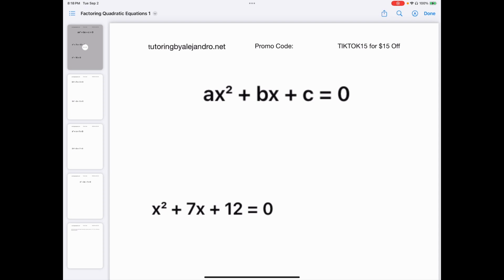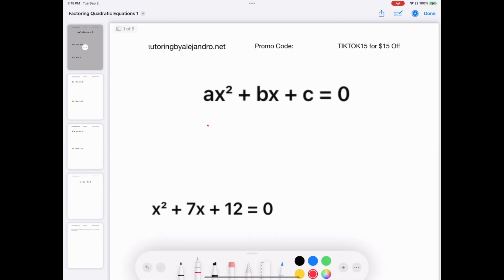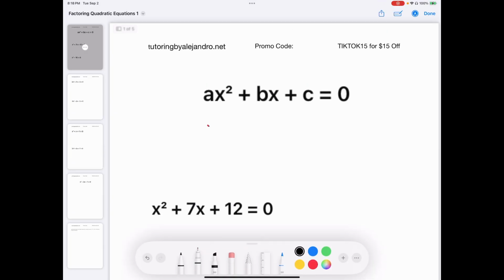So just to recap, the quadratic equation looks like this: ax squared plus bx plus c equals 0. Factoring just means rewriting it as two binomials multiplied together. For example, x plus m times x plus n equals 0.